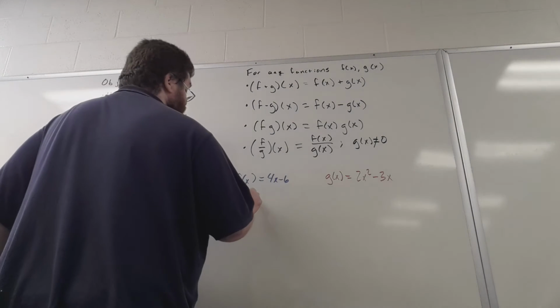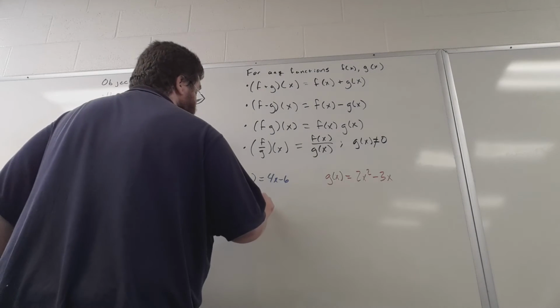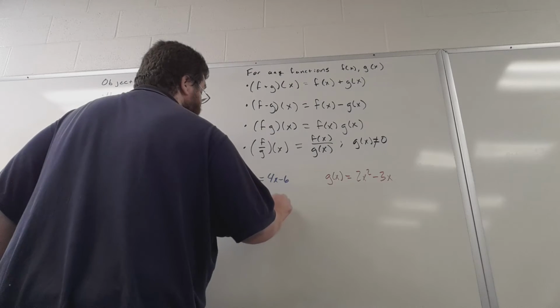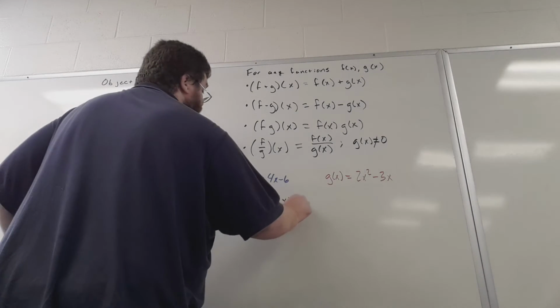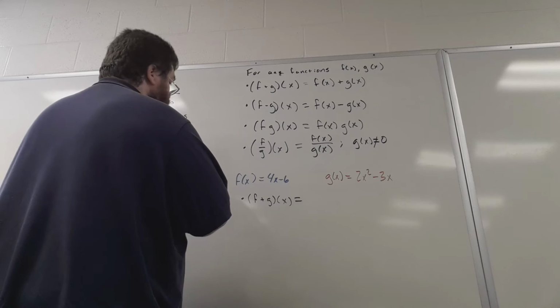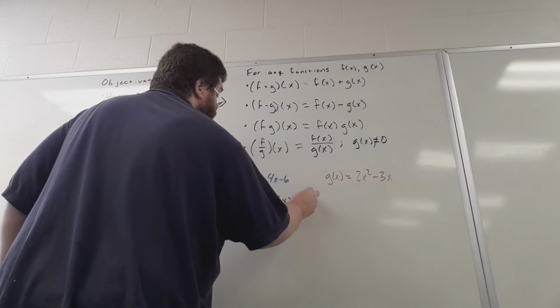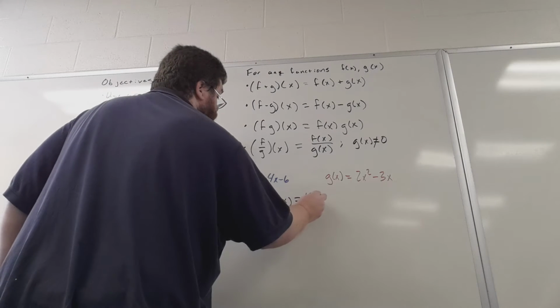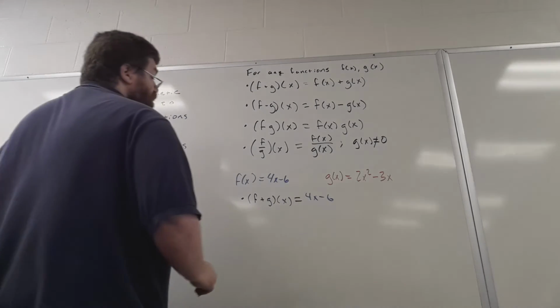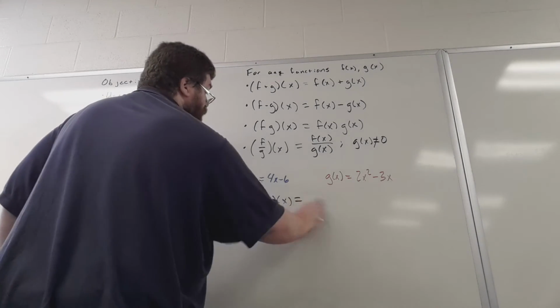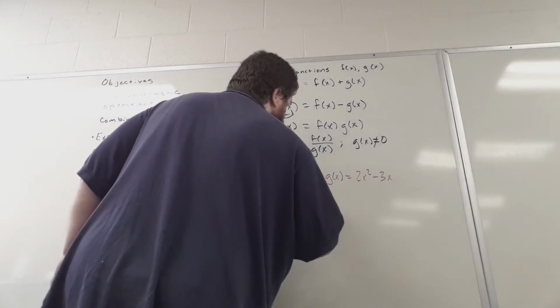First, if I want to do f plus g of x, well, that's just going to be 4x minus 6. Actually, let's follow our notes up here.